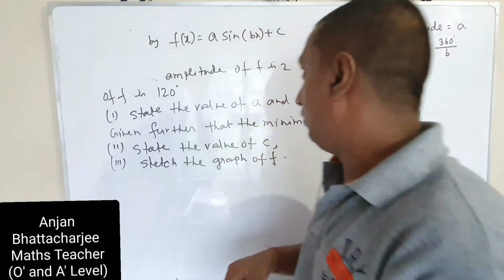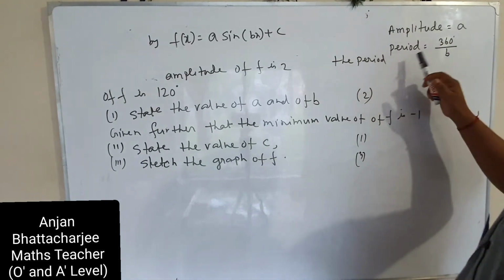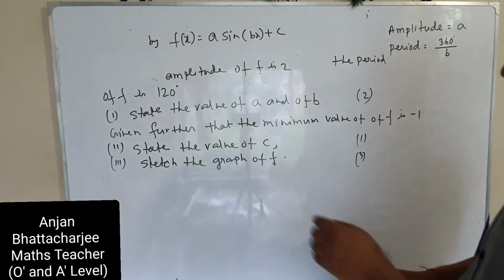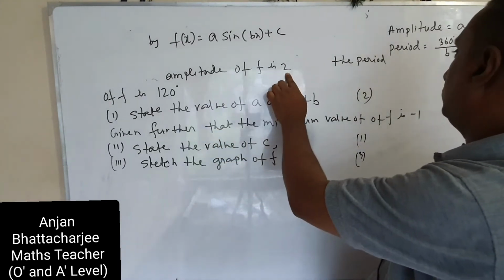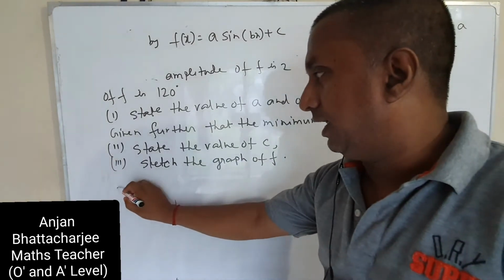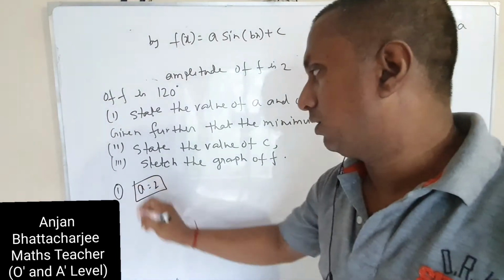From that, the amplitude is a, and the period is 360 divided by b. Now see, amplitude is 2. So what about the value of a? a equals 2. a indicates amplitude.